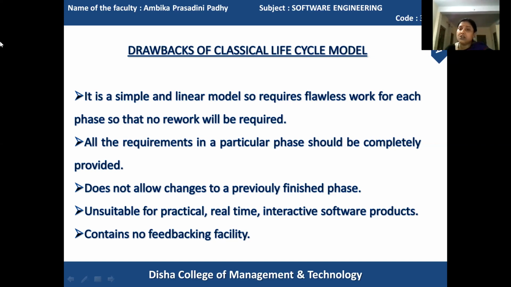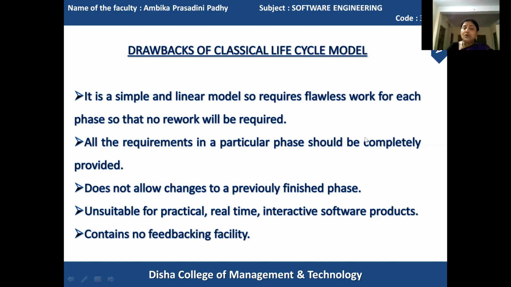None of this is supported by the classical waterfall model. So due to these drawbacks of the classical waterfall or lifecycle model, we cannot use it for any type of software product development.